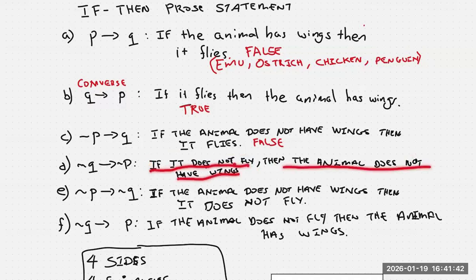That is not true, because the penguin does not fly, but the penguin has wings. That's an example of it not being true all the time. Because this statement is saying once it doesn't fly, they're not supposed to have any wings. But we know of animals that do not fly, but they have wings. So this is also a false statement.